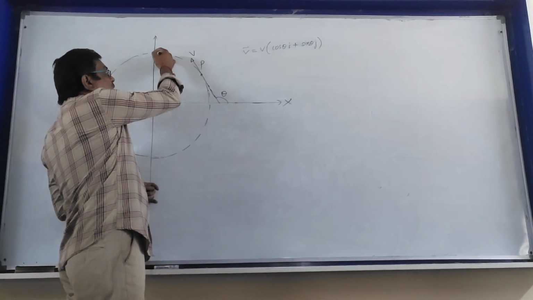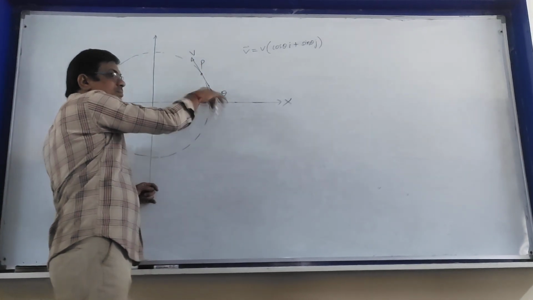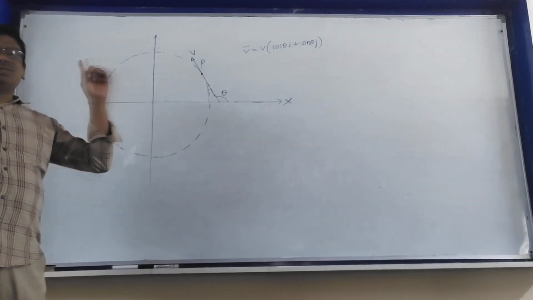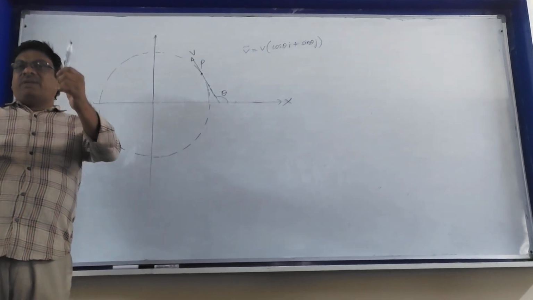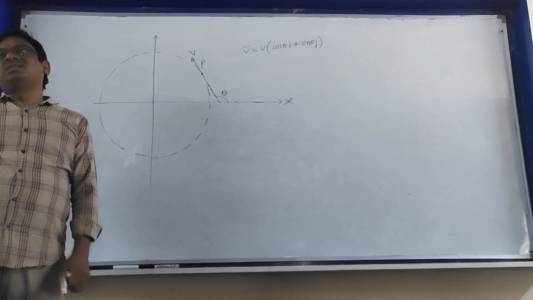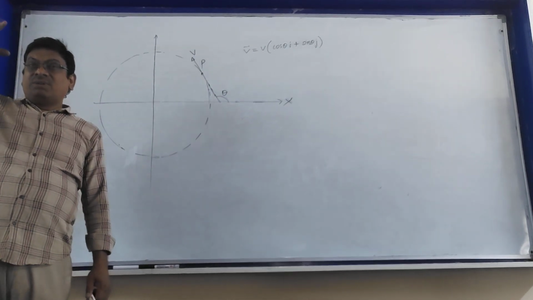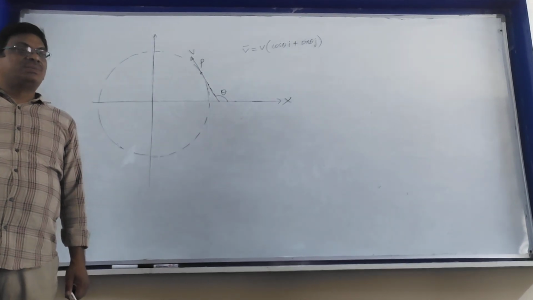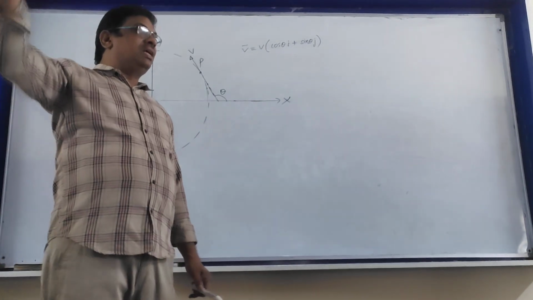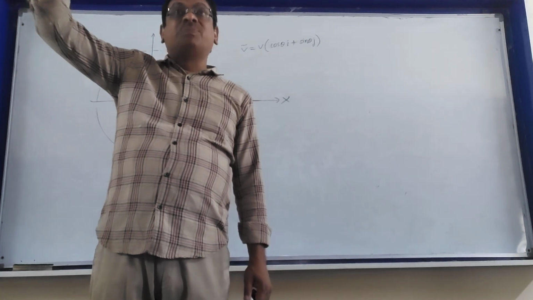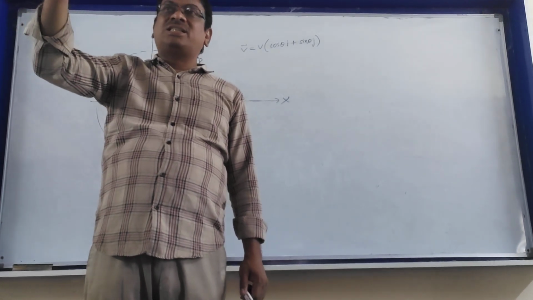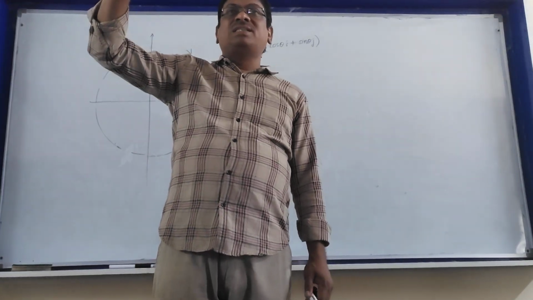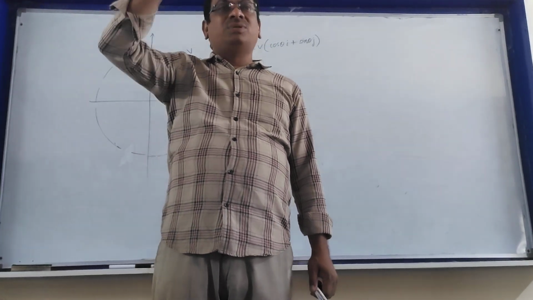As point P moves around, theta will go on increasing from 0 to 360, 360 to 720. But the effective angle is always between 0 and 360 degrees. Whenever the angle crosses 360 degrees, assume 360 as 0 and again start counting from 0.